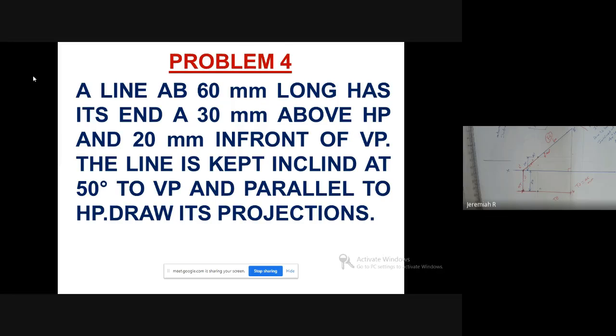The line is kept inclined at 50 degrees to VP and parallel to HP. Draw its projections.